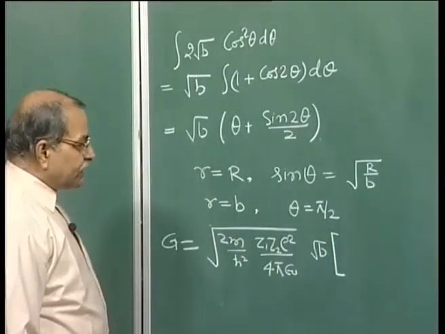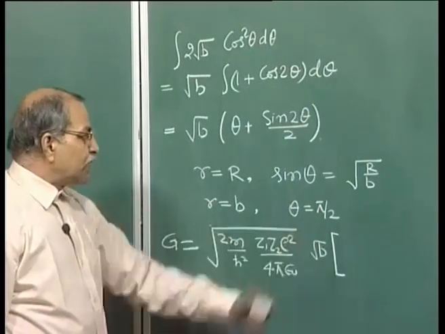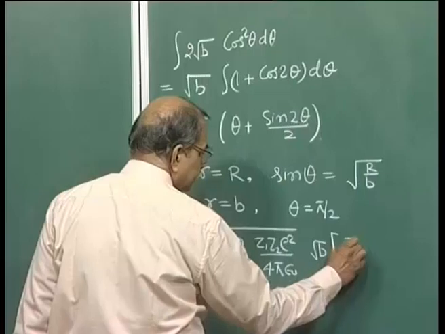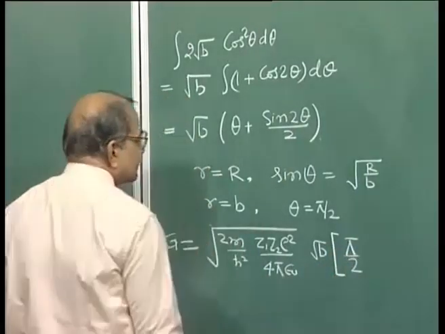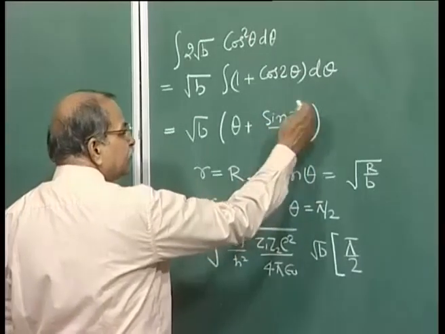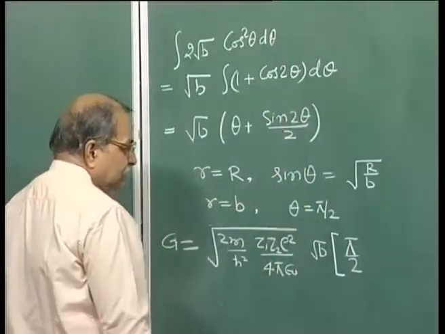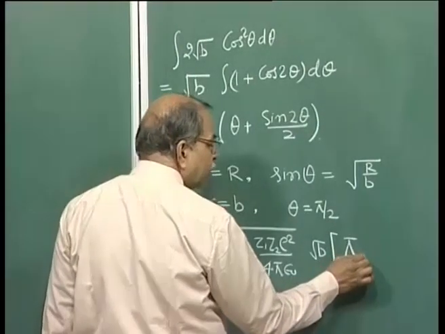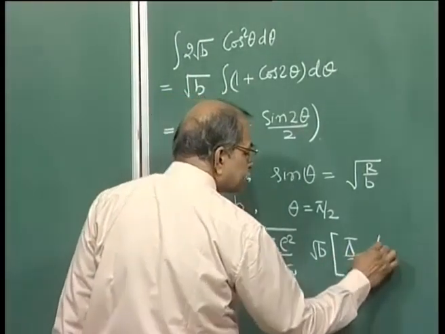First evaluate at the upper limit, that is at theta equal to pi by 2. So, it is pi by 2 plus sin pi, which is 0. So, that is the upper limit. Then you write minus the lower limit.